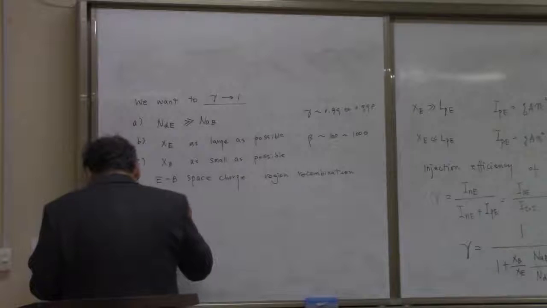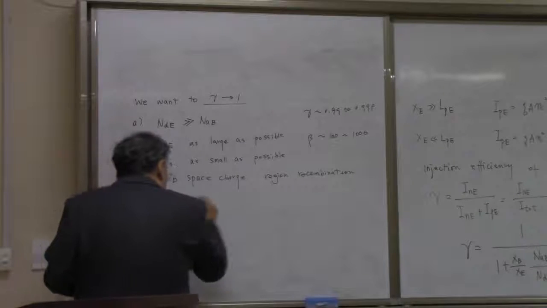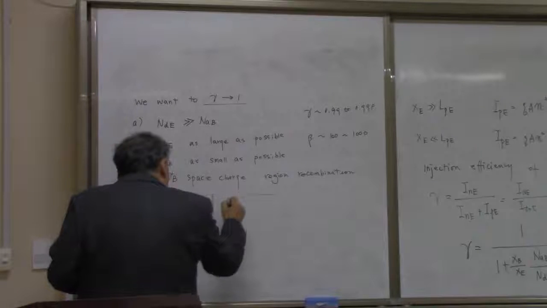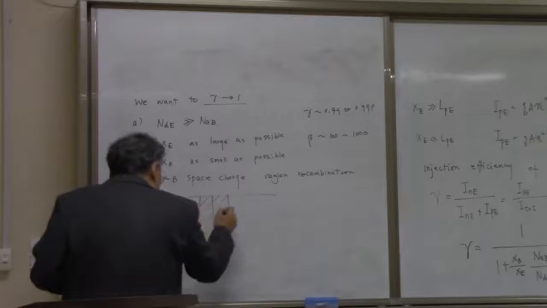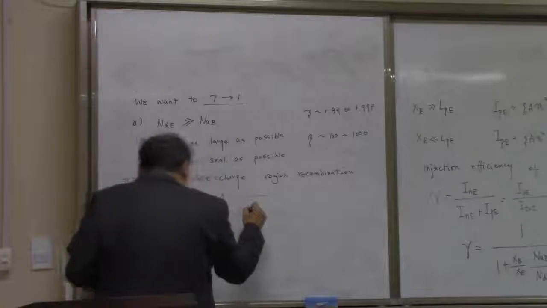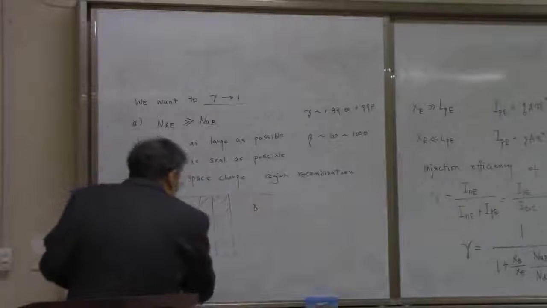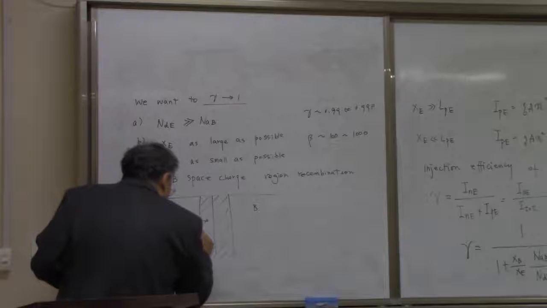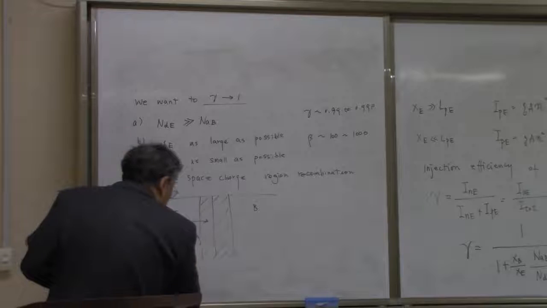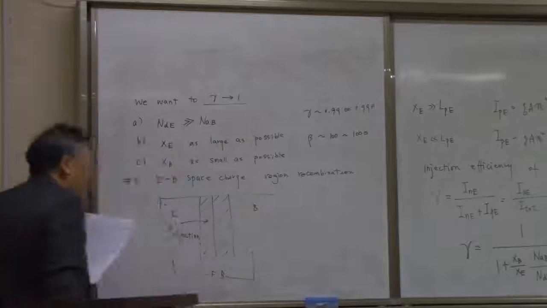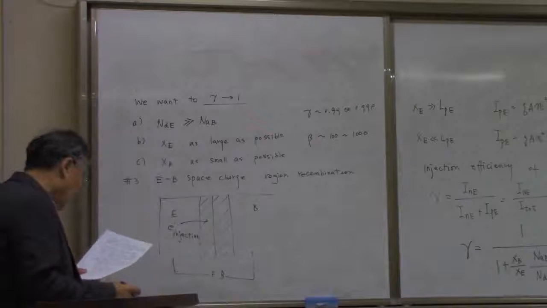At this space charge region between emitter and base, electrons are going to be injected by the applied forward bias voltage between the emitter and the base, right?